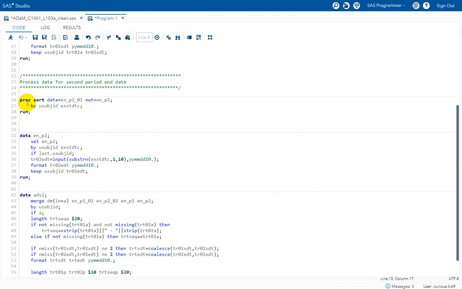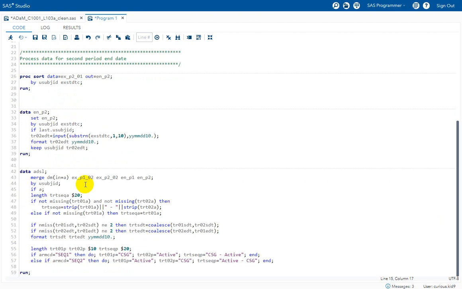And then similarly for end date, so we are sorting by subject and exposure start date, and then picking the last record, and then extracting the date component and converting it into numeric format.